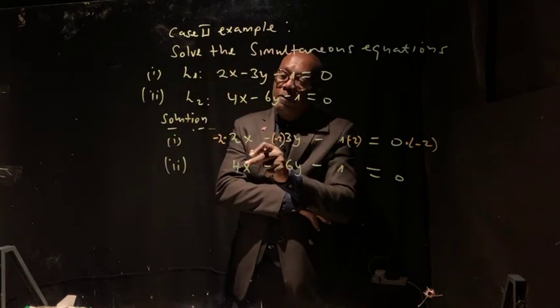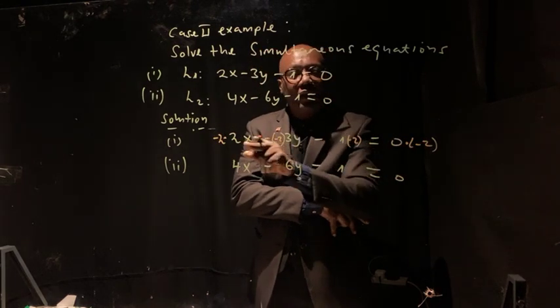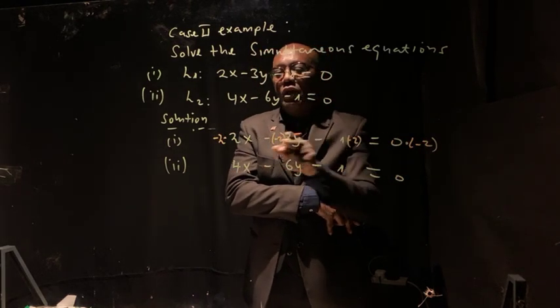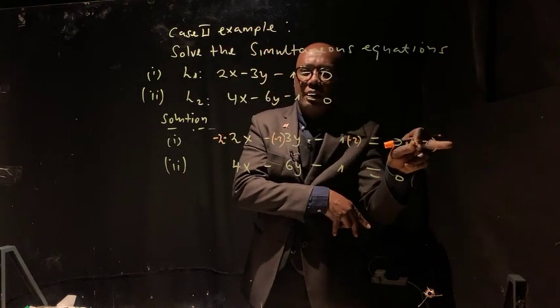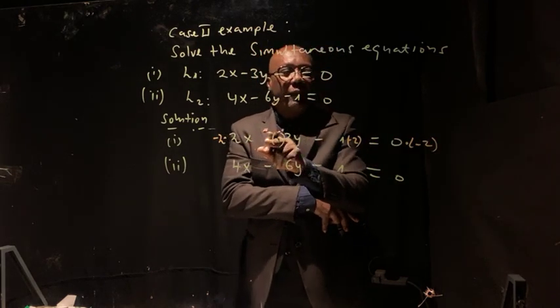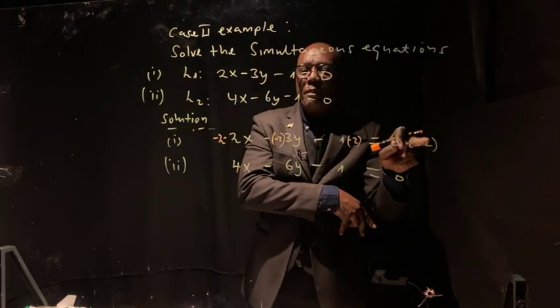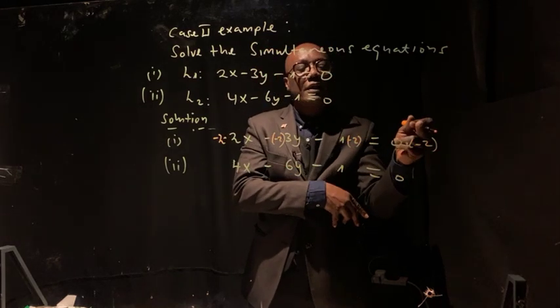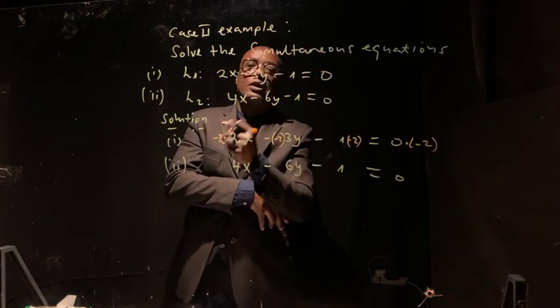In fact, multiplying both sides by minus 2 doesn't make the equation change, because you have multiplied both sides, not one side. By the same reasoning, you can also divide both sides by minus 2 and you still have the same equation.